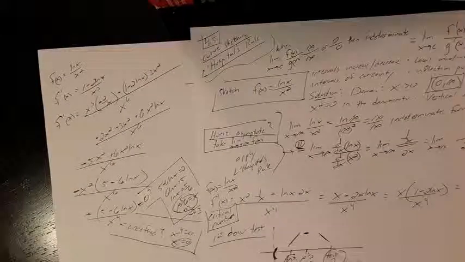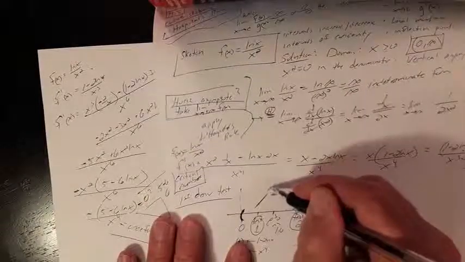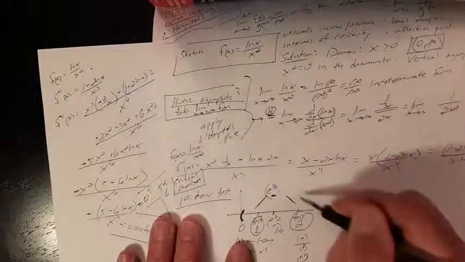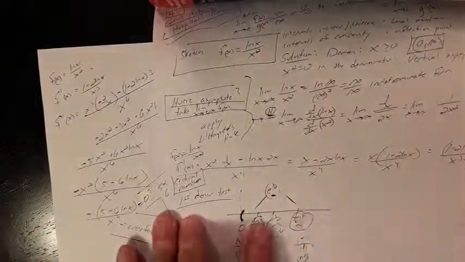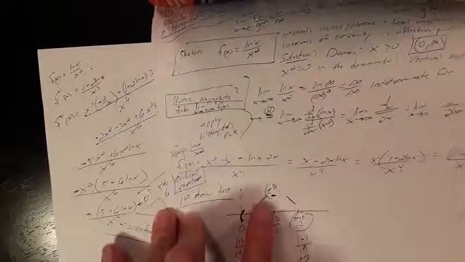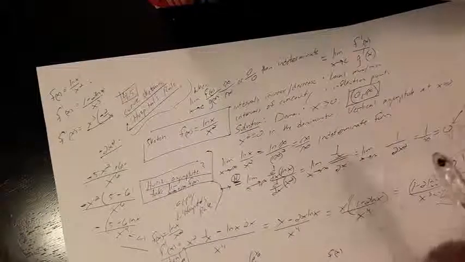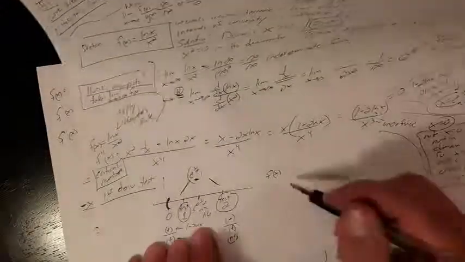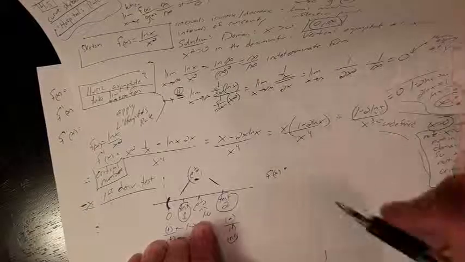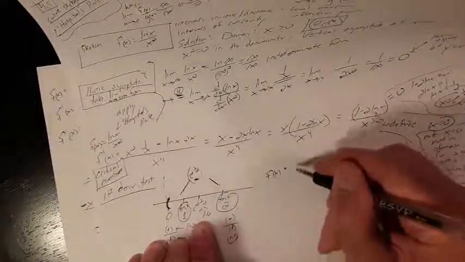Oh, by the way, see the local max right here? E to the 1/2. Here's another one. We need to know f of e to the 1/2 to get where that local max is right there. So f is the ln of x over x squared.